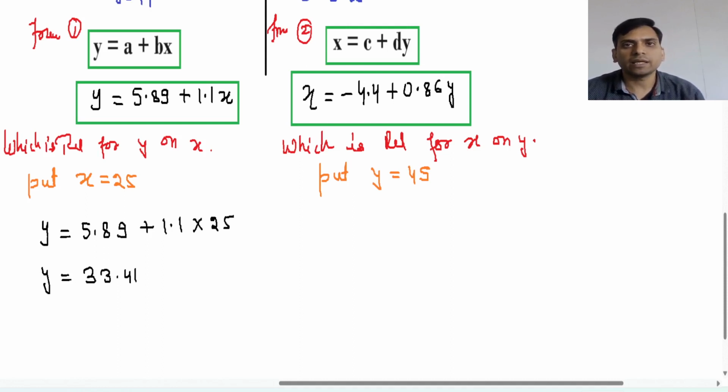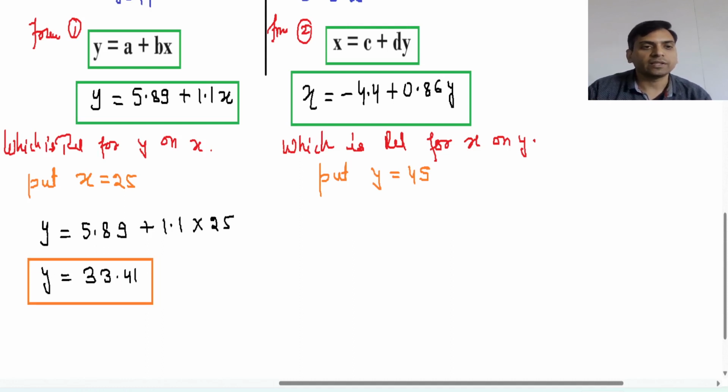This means if you have x equal to 25, that is advertisement expenditure, then you will see the sale of 33.41.